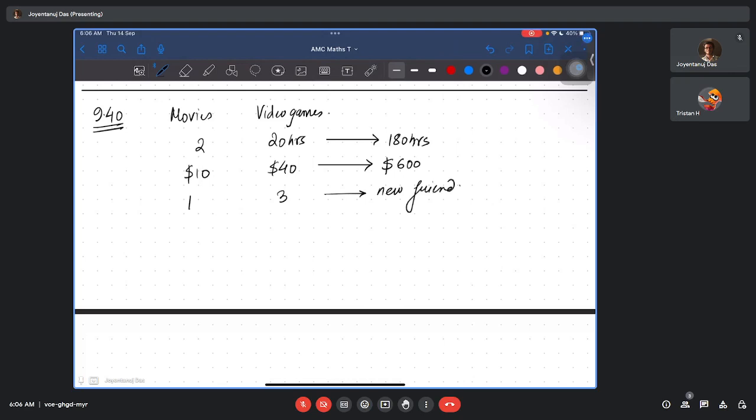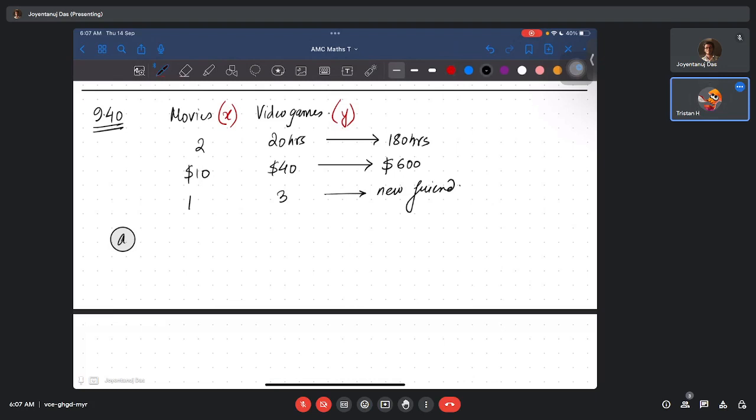Right. So what will be the objective to maximize, which equation? For the amount of hours, I create the inequality 2x plus 20y. So you are taking movies as x and video games as y, right?